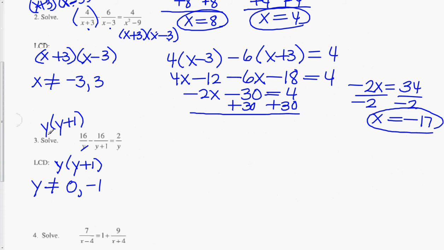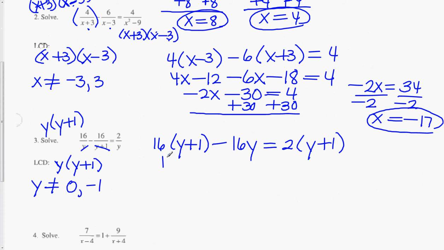So in this first one, the y's would cancel, and I'd have 16 times y plus 1 minus, in the second fraction, the y plus 1's would cancel, and I'd have minus 16 times that single y equals, underneath the 2, the y's would cancel, and I'd have 2 times y plus 1.